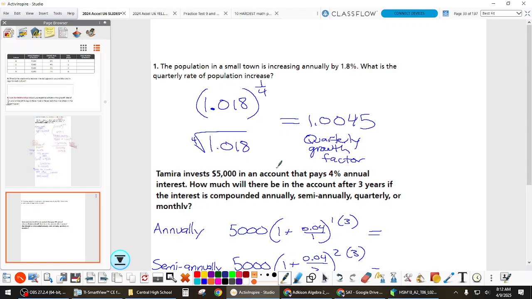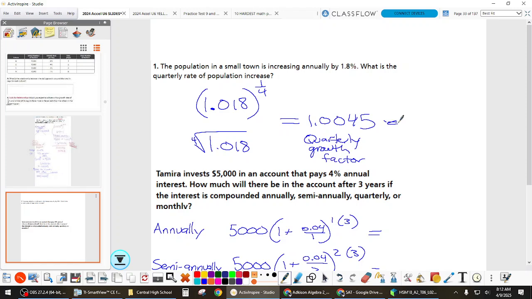If I said, in terms of this town, what's the population after 3 quarters, which is how many months? 9 months. This is what you would plug into your function, and you would take it to the third power. Does everybody understand that? Yeah.